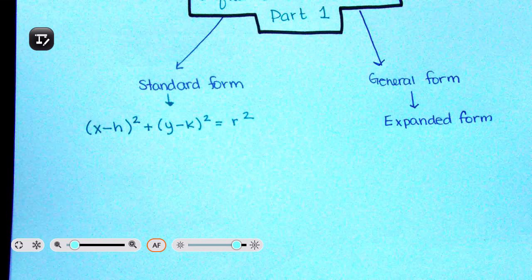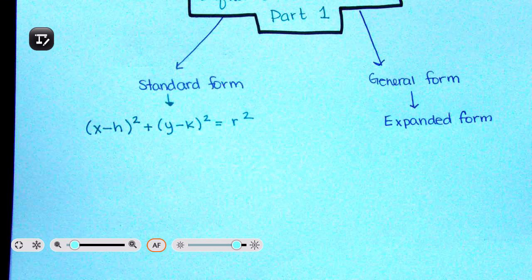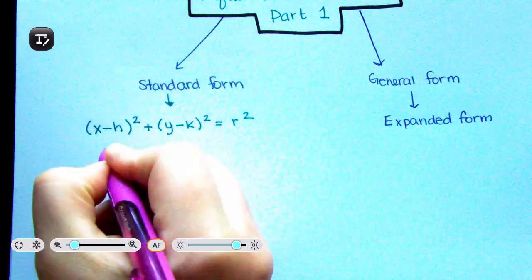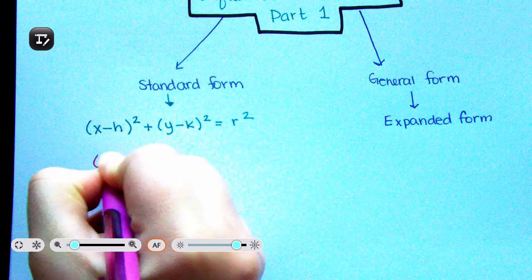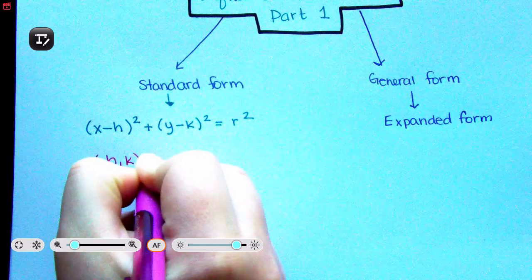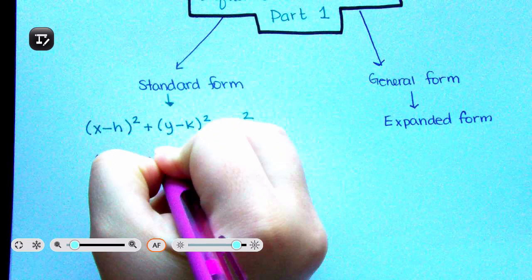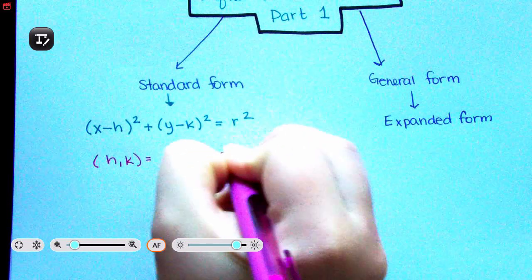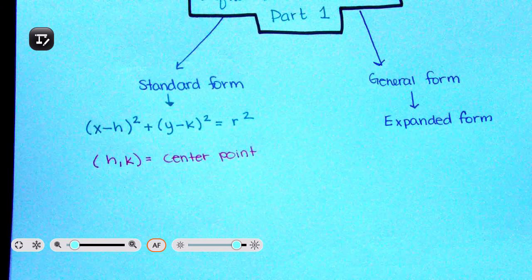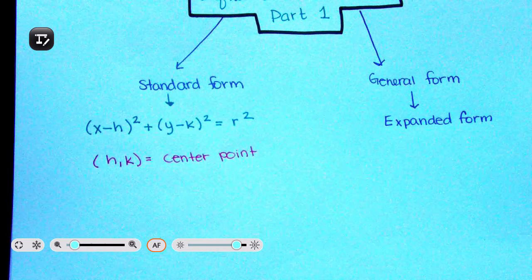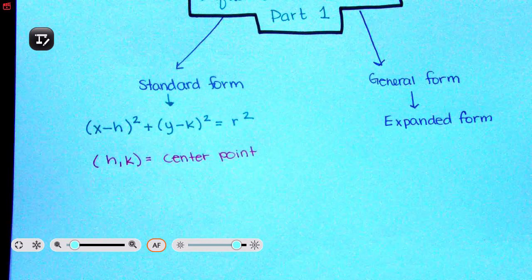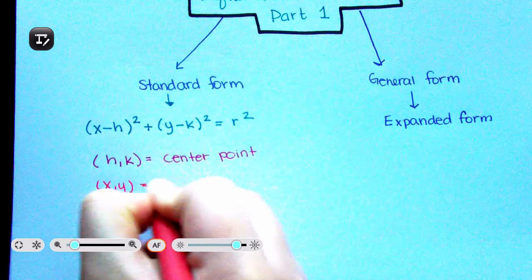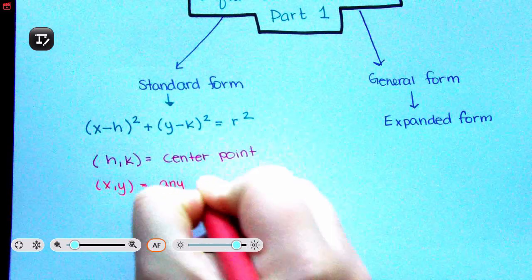Okay, so what does everything mean? We have (h, k), which is your center point. Then we have (x, y), which is any point on the circle.